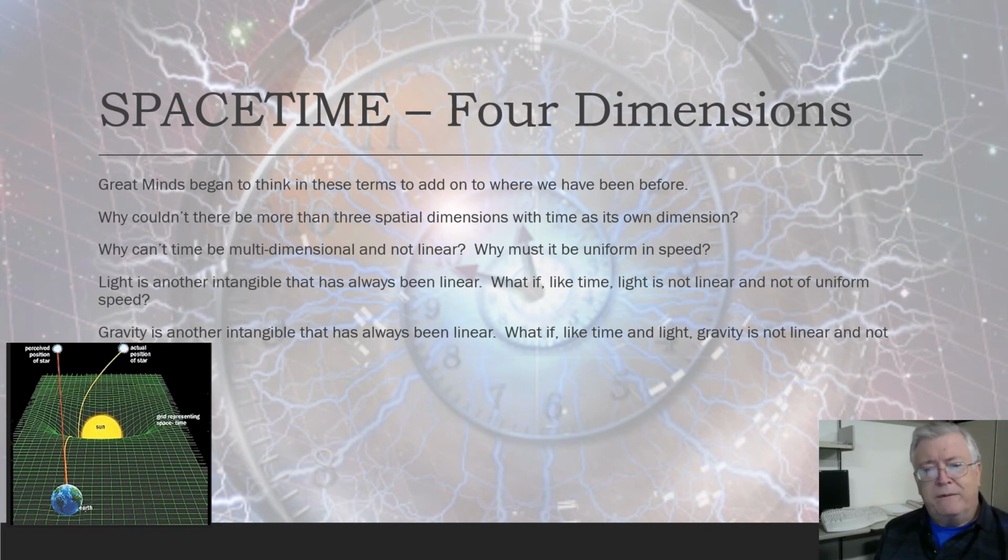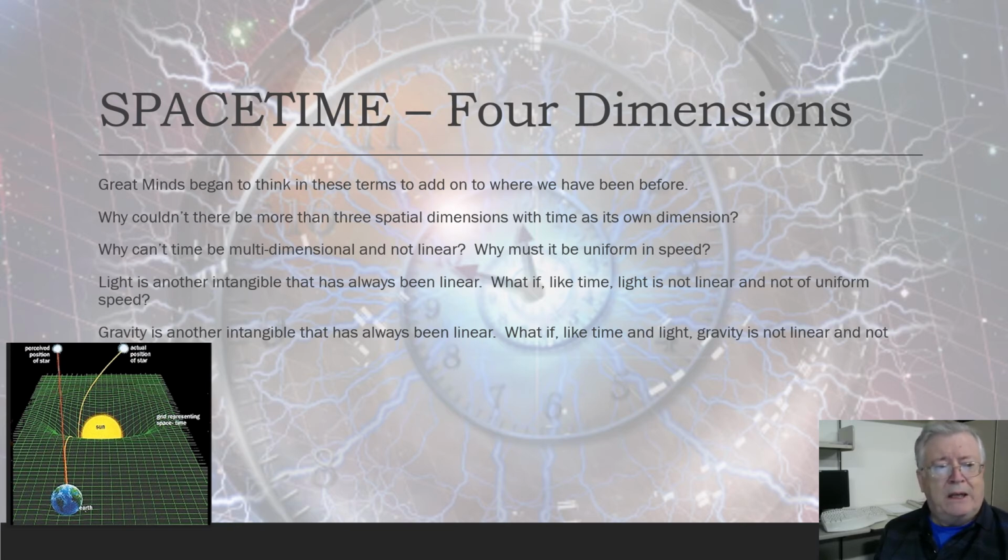So what if, like time, light is not linear and not uniform? You know, it's possible that light speeds up and slows down due to whatever might interrupt it.